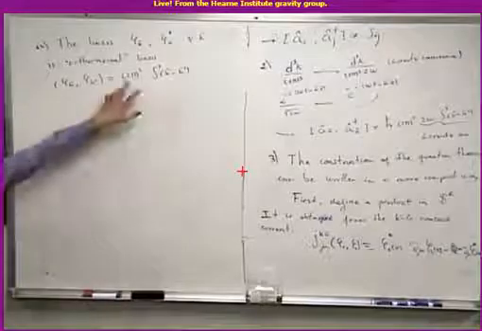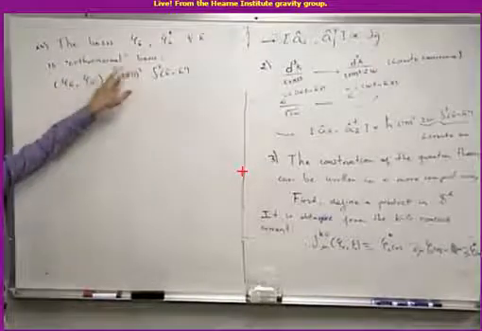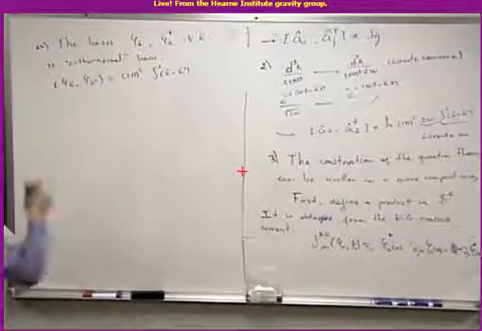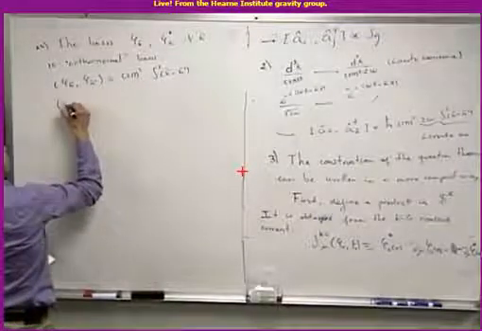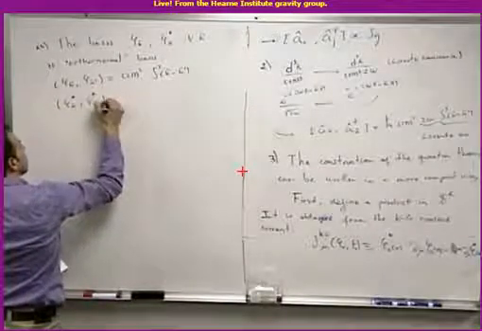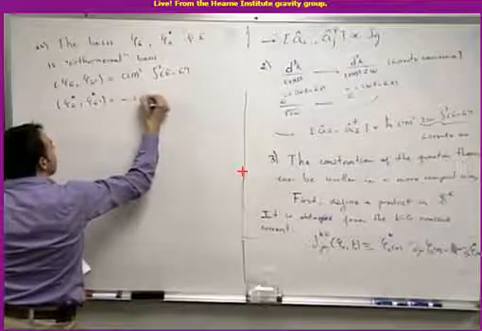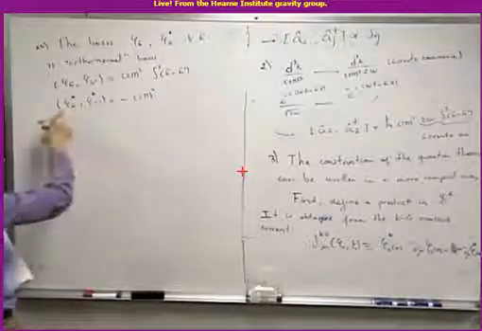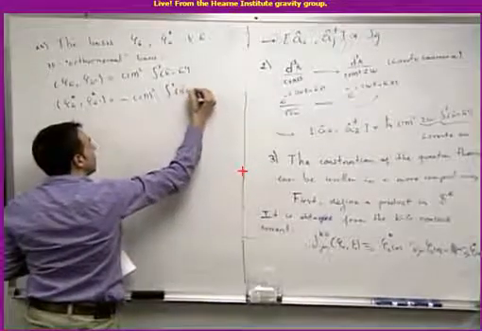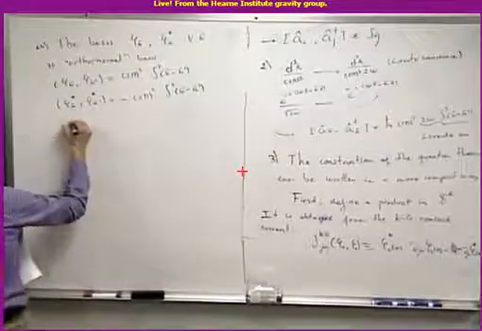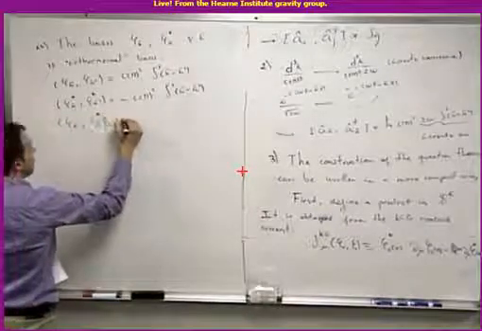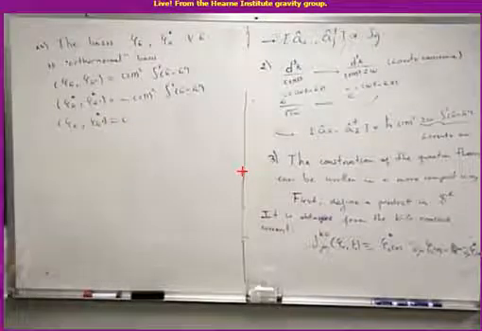This 2 pi cubed is the reason why I write quotations, because they don't have norm 1, but norm 2 pi cubed delta. And the negative frequency modes have the same norm with a minus sign, as it must be, because the product is negative definite in the space of negative frequency modes. And as I just said, if you take a positive frequency mode and a negative one, this is 0 forever.